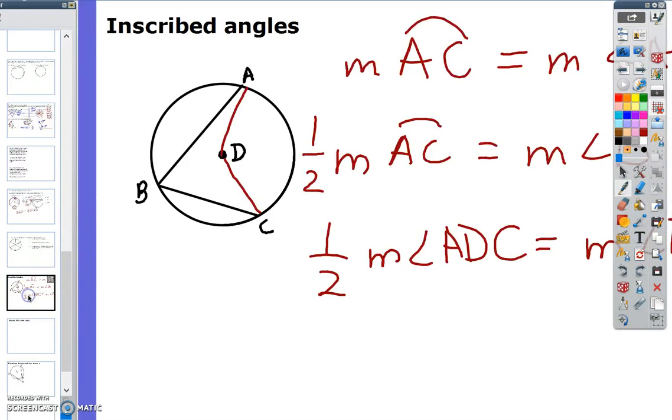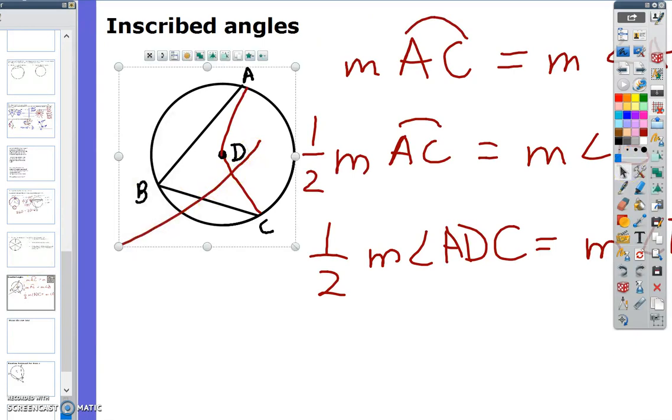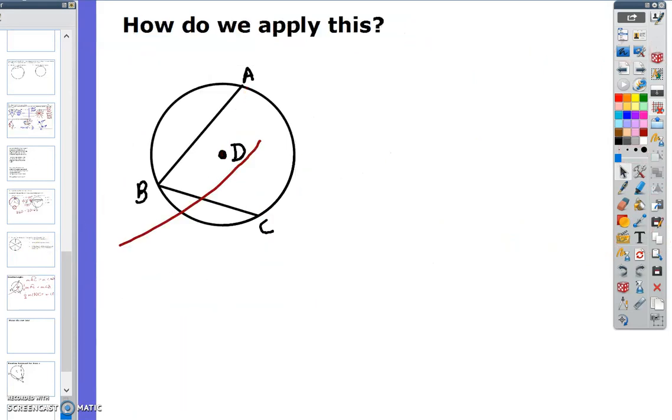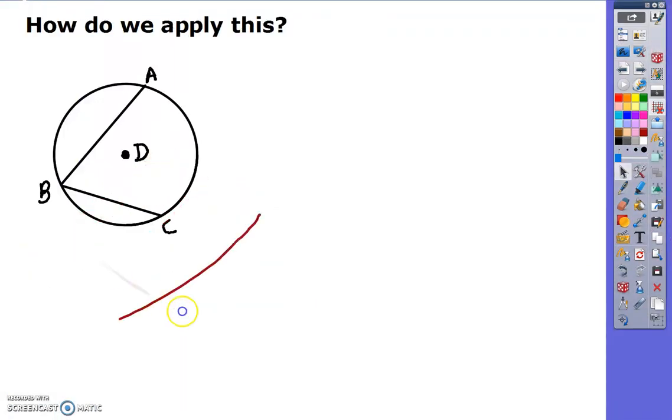So what we're going to do is grab this, bring it over here. Let's see what we do. So first we get rid of that. So we apply this in several different ways.